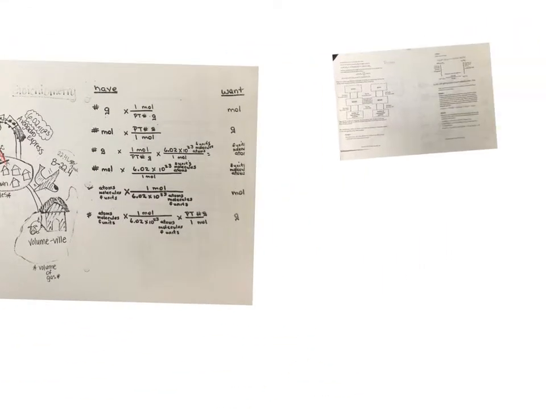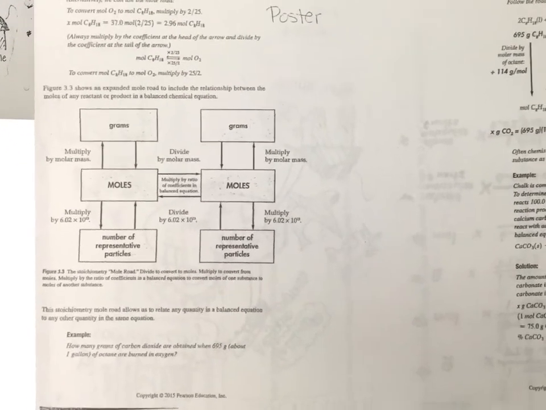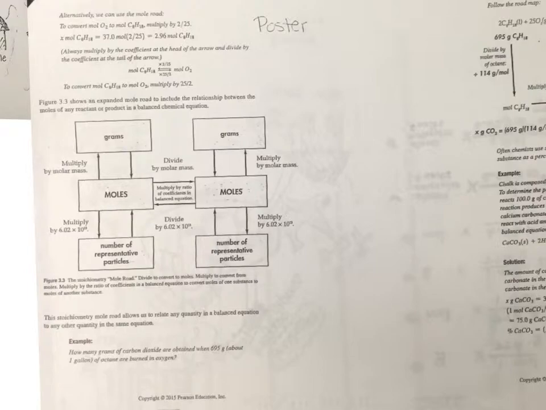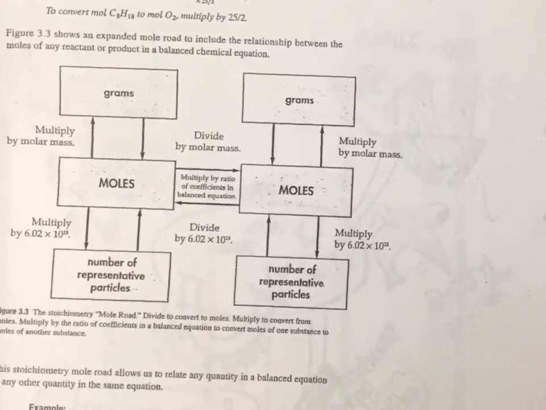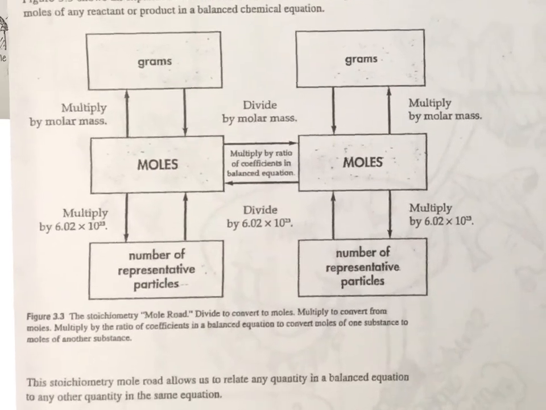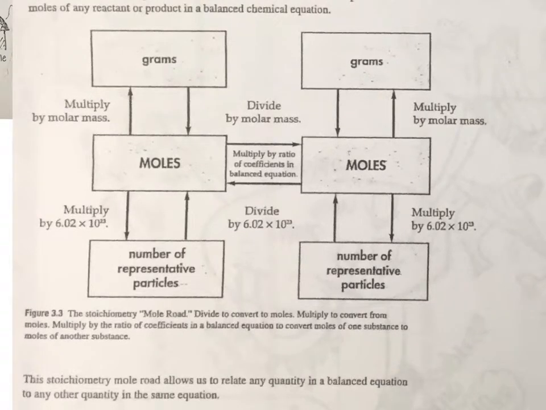If you flip the page over, you have this on the back. This is for my people who are not really all about the map, and that's okay. If you need a little more structure, I gave you this little diagram that has arrows and tells you what to do. You can replace any of the outside boxes, or add outside boxes out to the right and left for the gases, for liters.